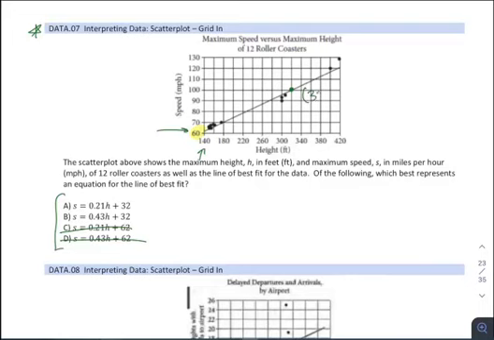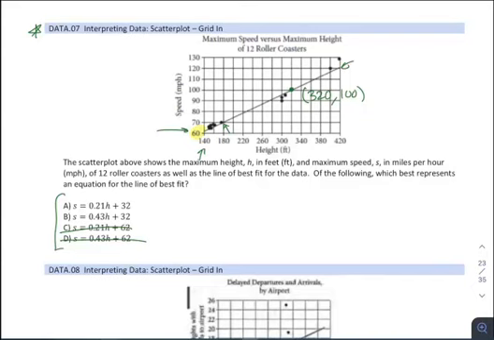So I know this is the coordinate 320 for my x and 100 for my y. So rather than trying to find another point that's somewhere close, like this point right here, we can use 180 and 70. Those are the 2 points I would use if I was going to calculate the slope.